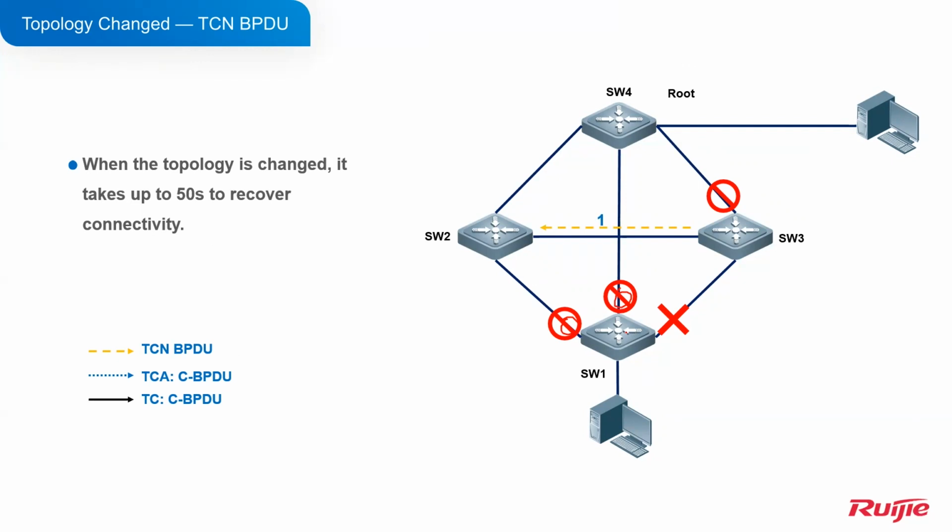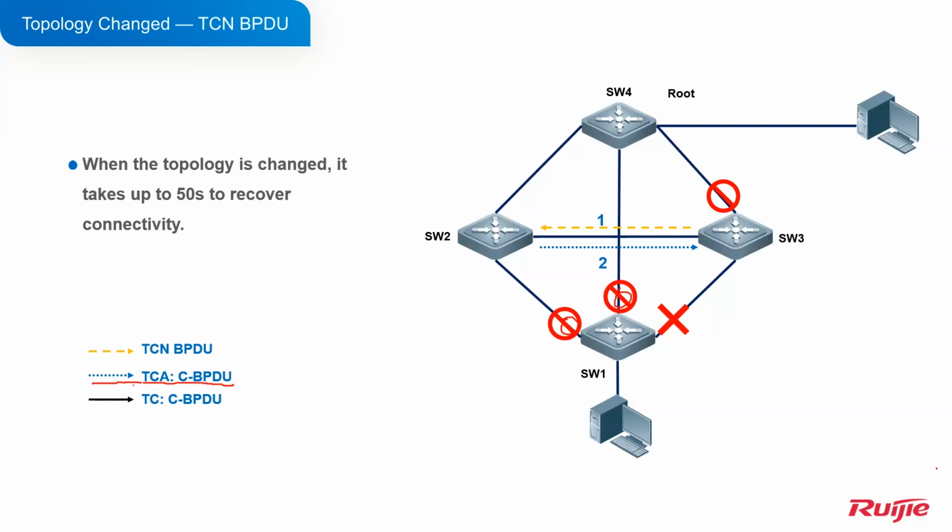And after receiving the TCN BPDU from SW3, let's see what will happen. SW2, you can see, sends a TCA, because the blue arrow represents the TCA BPDU. TCA means topology change acknowledgement. It means that after receiving the notification from SW3, SW2 tells SW3 that, okay, I know the topology has changed.